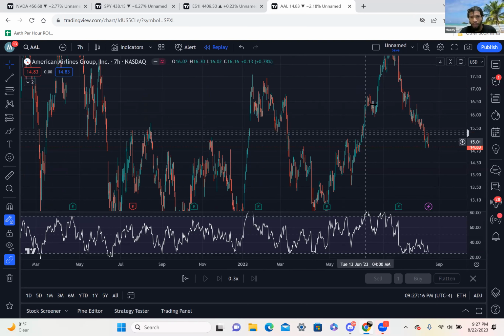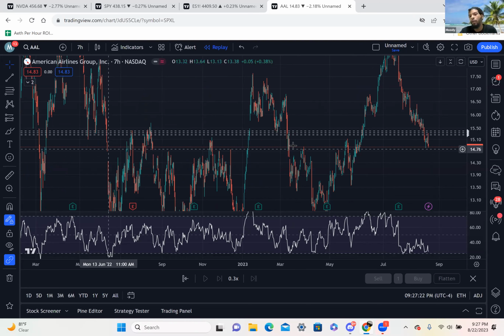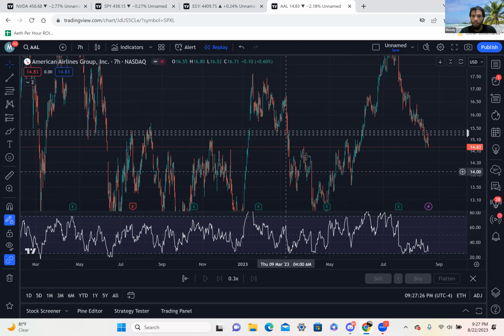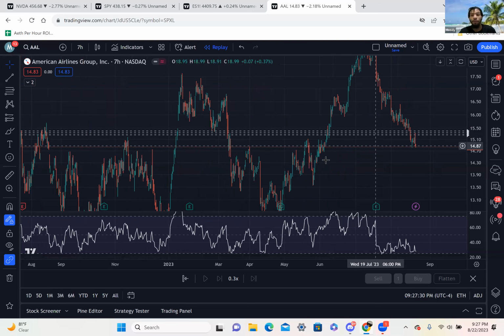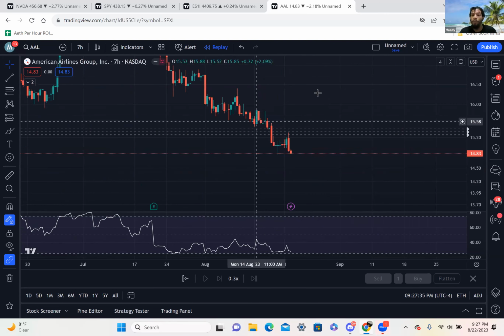Yeah, we bounce and we break out of that, but you have to be able to identify with your eyes what happens first. Anytime we come down to these levels, we break it. Then we start to break back up, and you can see how it tries to go all the way back up, right? So just waiting for some more data to see what would happen with American Airlines.